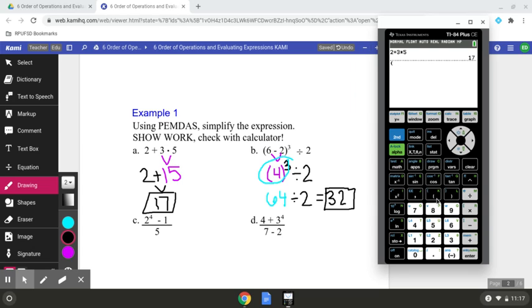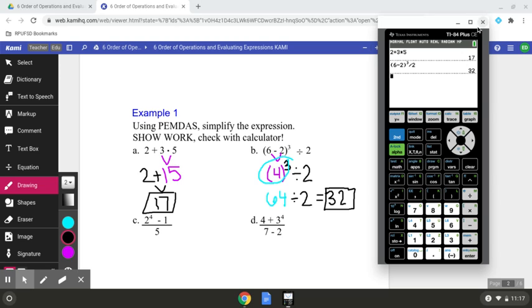So right here, parentheses is here. 6 minus 2, close the parenthesis. And then to get the exponent of 3, we use this little caret key. So caret 3, arrow down to get out of the exponent, and then divided by 2. And you get 32.